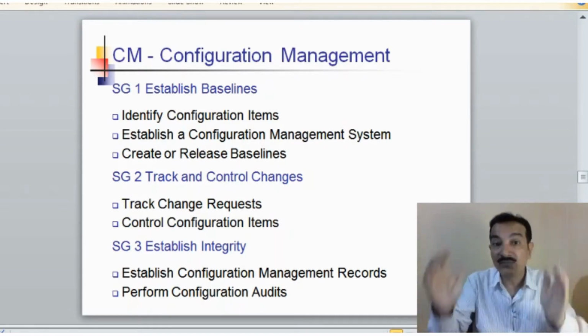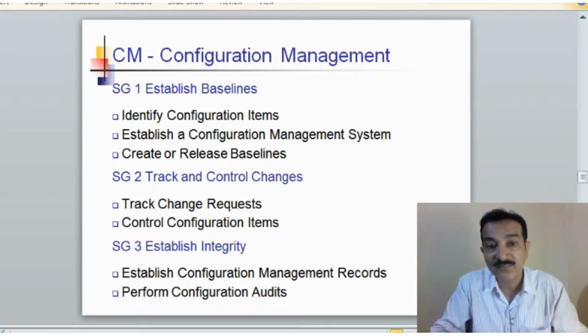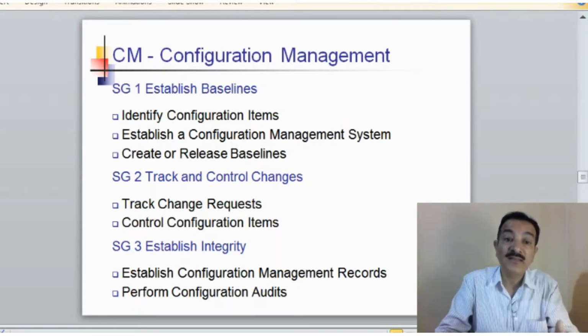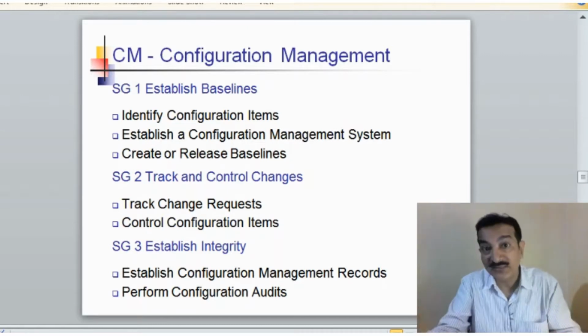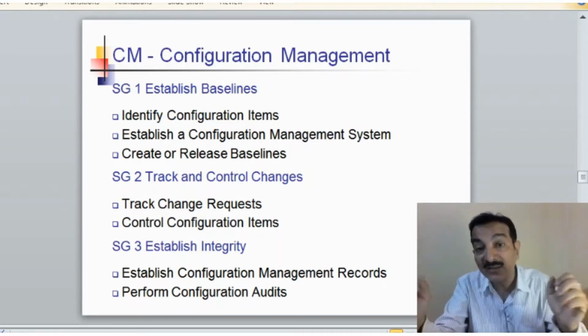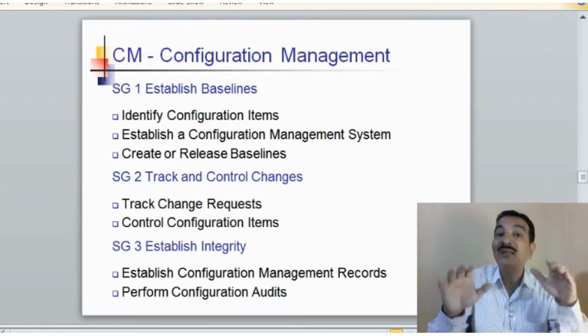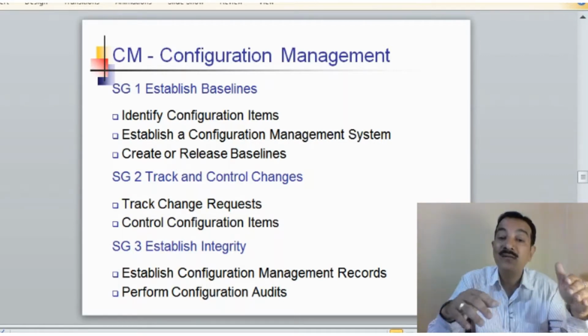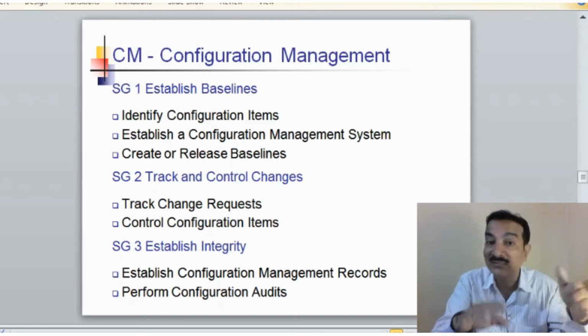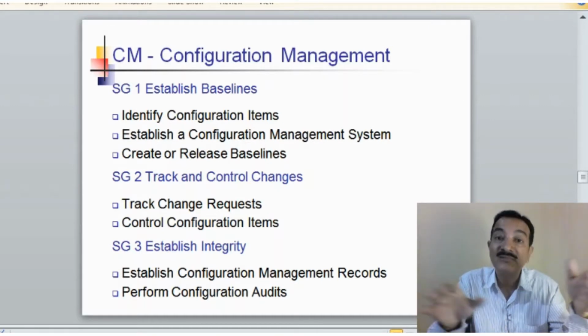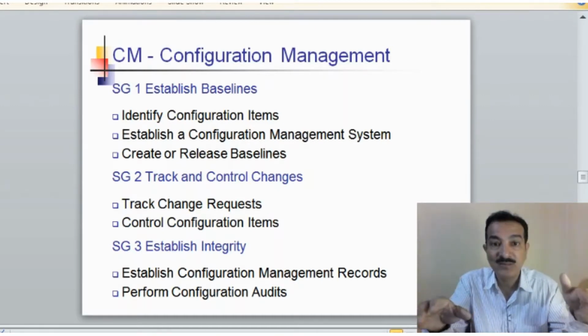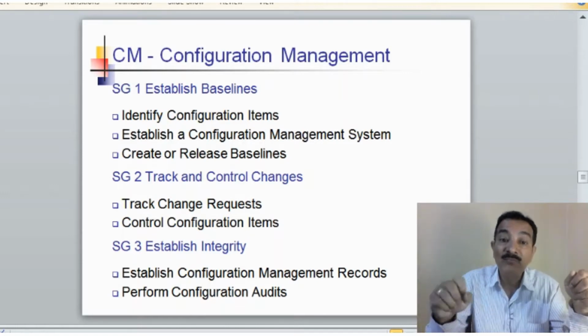What are the configuration items that you have? You will also establish a configuration management system. The configuration management system you will establish to ensure that only the relevant people have authorization to go and change the files. Not just everyone can change. And you will create a released baseline.